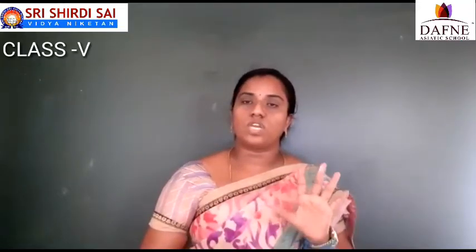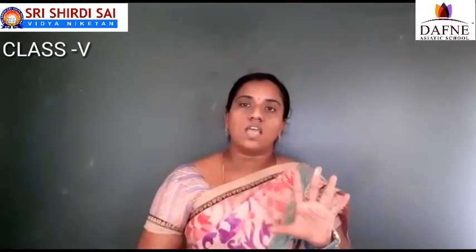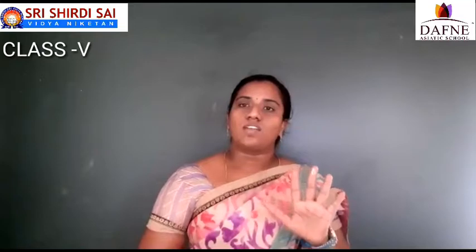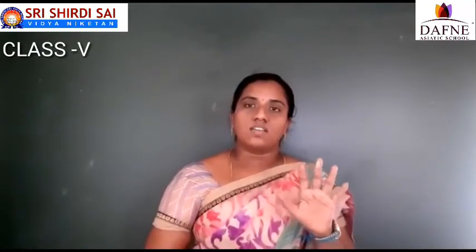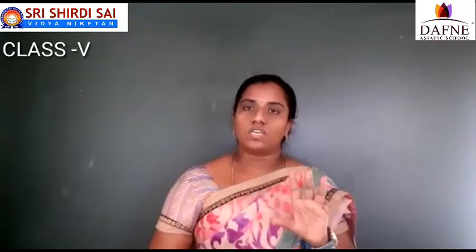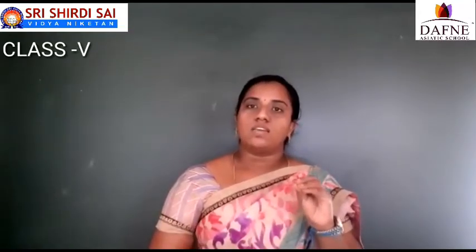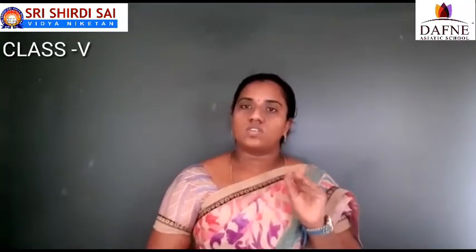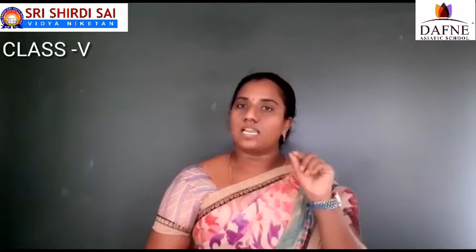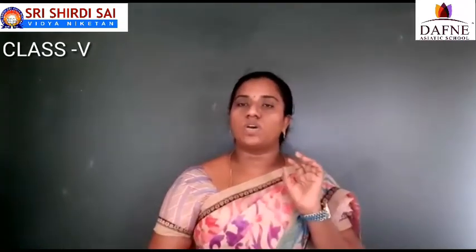I will give 5 questions. Complete them, and I will check again and ask in the Zoom meeting in the evening session. So be ready for the homework and do it properly. If you have any doubt, see my video once again, reverse it and listen clearly, and you can do the homework easily.